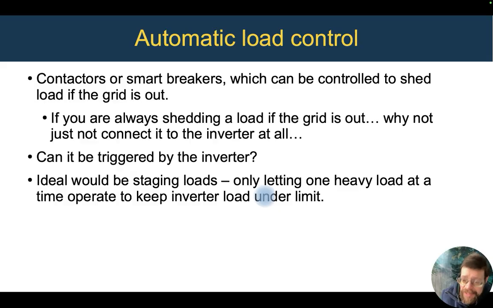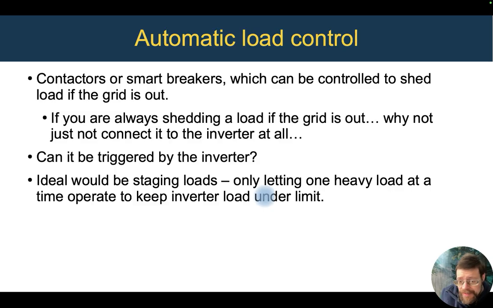Ideal would be if we could stage loads and say, okay, I've got several heavy loads on here, but only turn one on at a time. For example, we've got an EV charger and a large air conditioner, and if the sun's out, I can easily run one or the other of those and the rest of the house, but I can't run both at the same time.